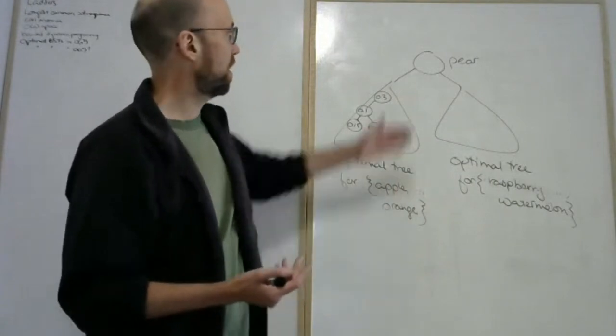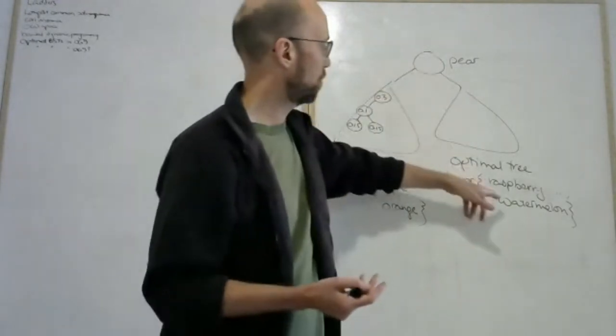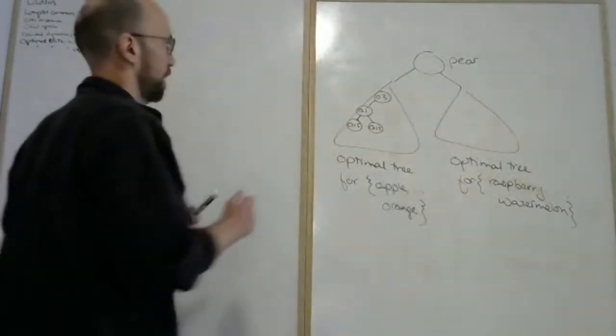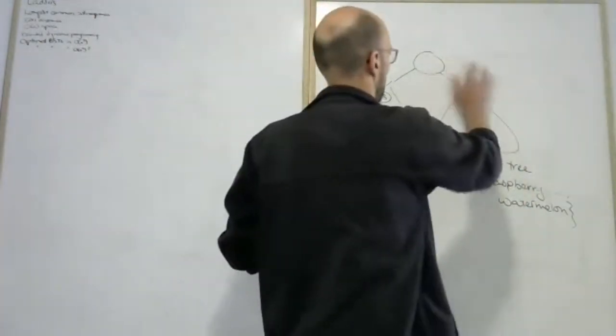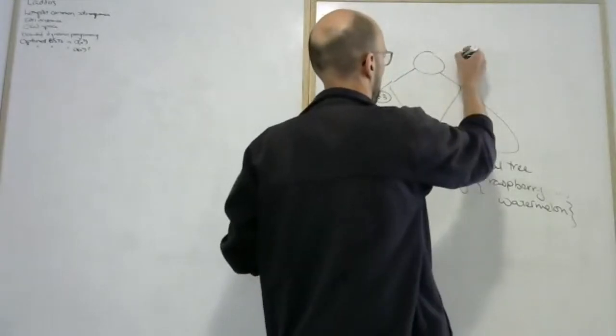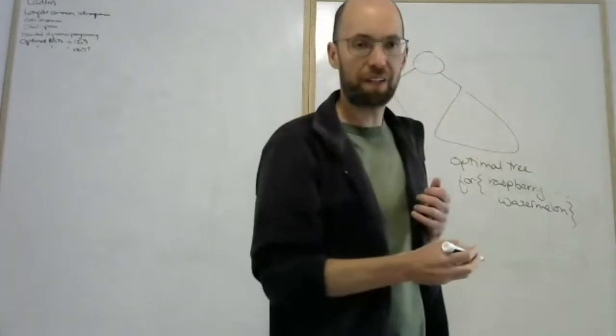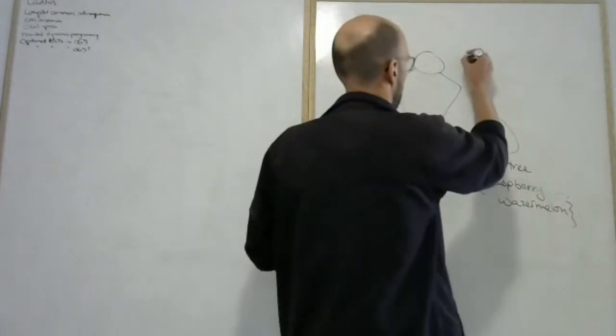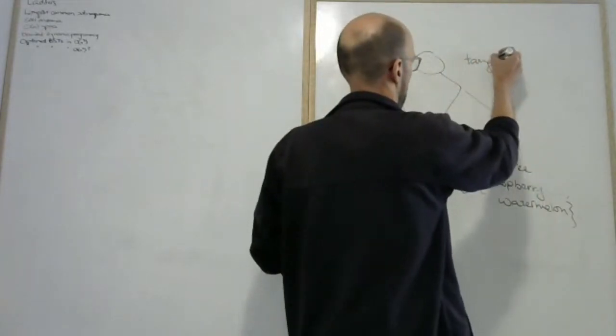Well, how do you then ask about this if it goes down to tangerine? How do you ask about, let's say, n minus 3. So this is tangerine.